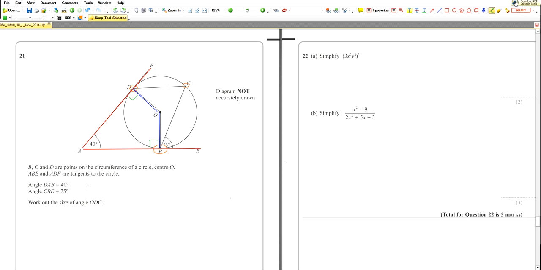So we said first of all, right over here, a tangent always meets a radius at a right angle.